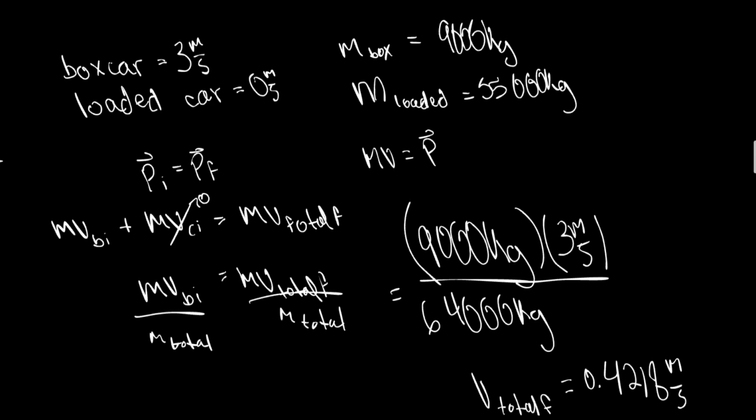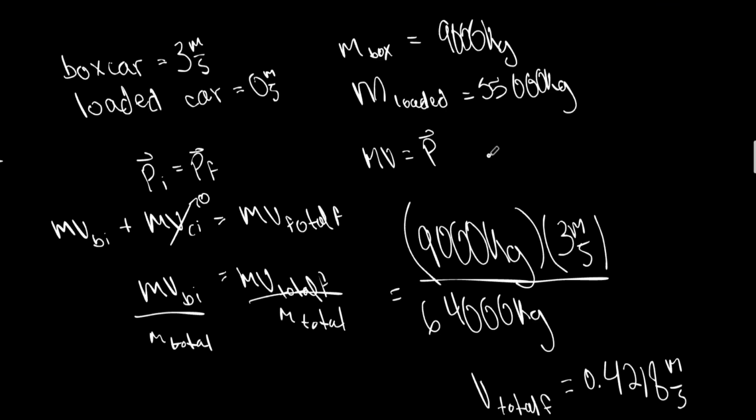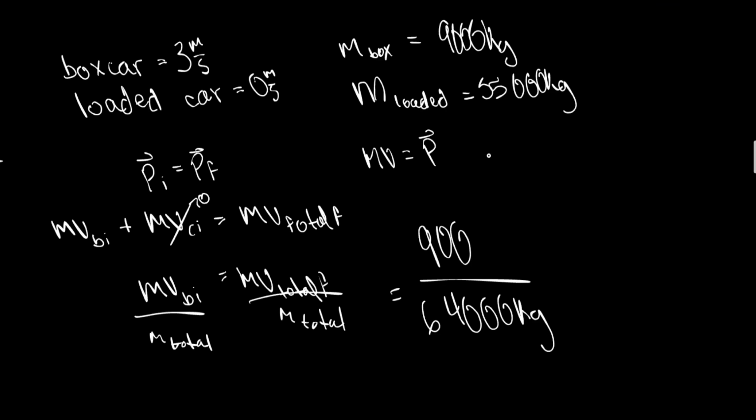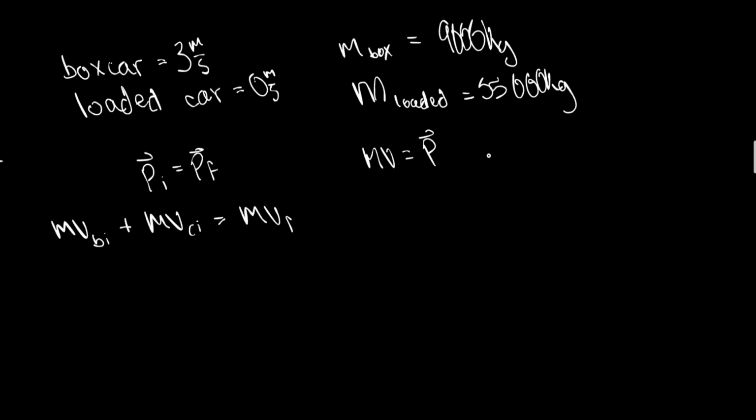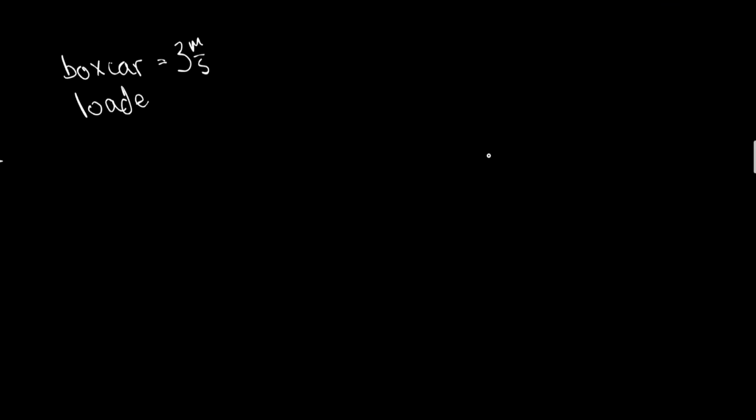Let's take a look at a different example. Okay, this example says an astronaut of mass 80 kilograms. So the astronaut, we'll say A for astronaut, is equal to 80 kilograms. Carries an empty oxygen tank of mass 10 kilograms.